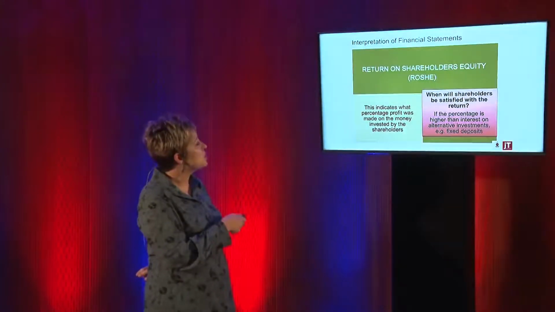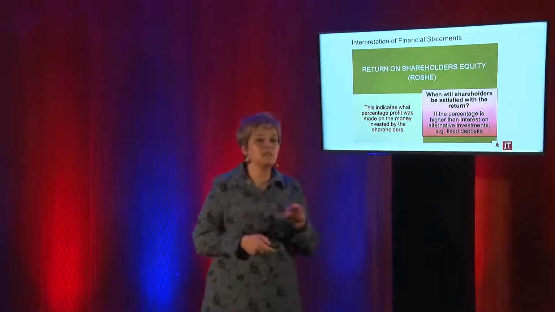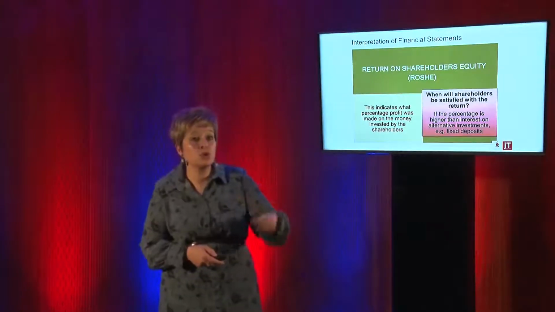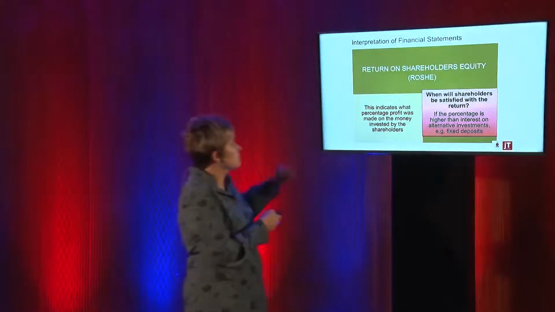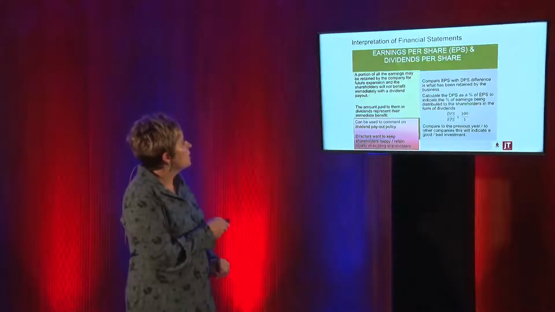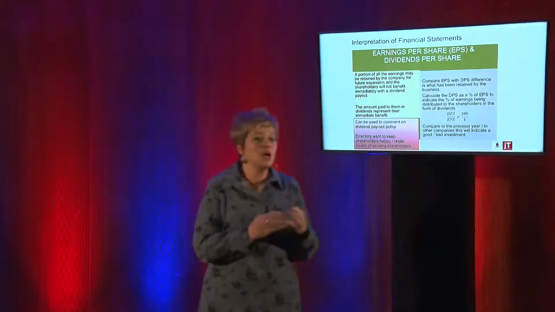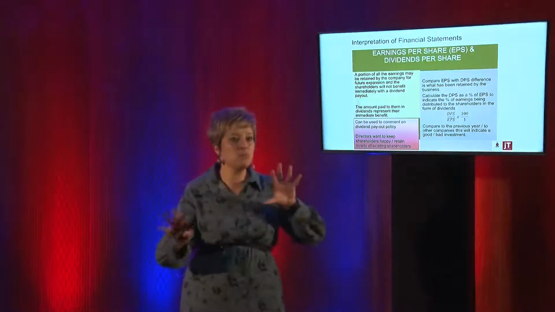Then return on shareholders' equity. Now, return on shareholders' equity and dividends per share and things like that, that is the money your investors get returned on. So is your business a good investment or not? This is where they calculate that. So earnings per share or dividends per share. So you look at those three things. If the question states something about is there a difference between these two businesses?